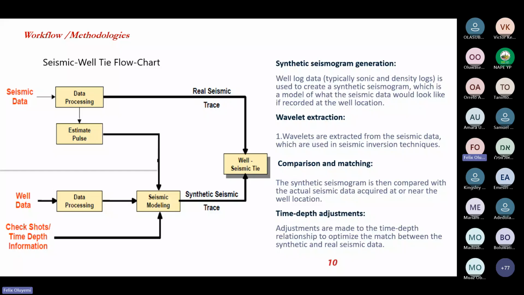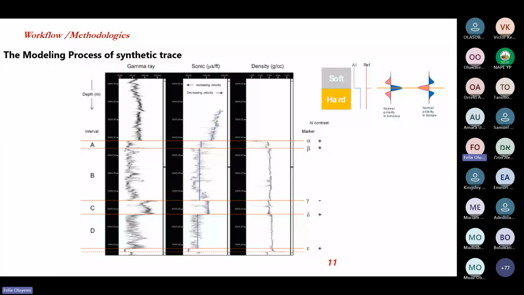Okay, now let's go to the understanding of gamma ray, sonic log, and density. So basically, your gamma ray is telling you the lithology, it's telling you where you have your shale, where you have your sand, where you have your limestone, where you have some other rock types that might be.